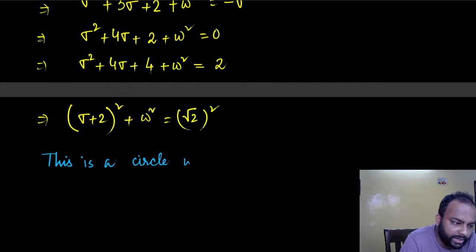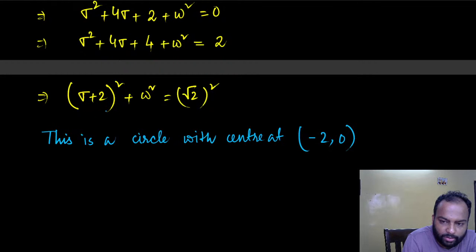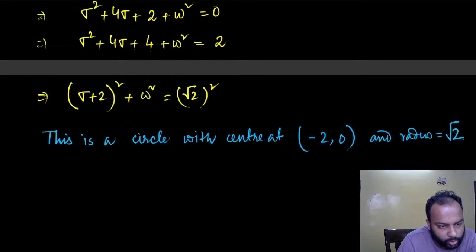A circle with center at minus 2 comma 0, and radius equal to root 2 units. Got it?